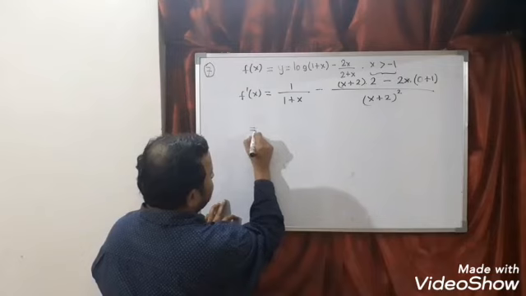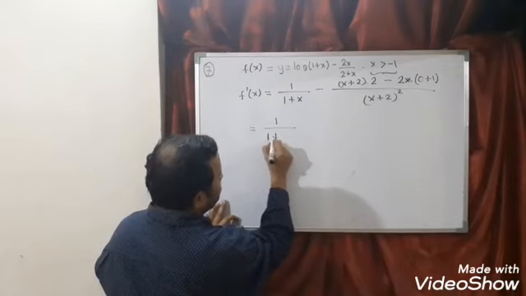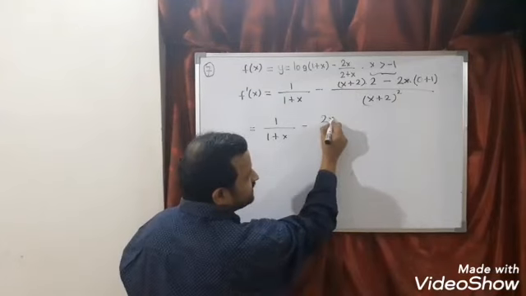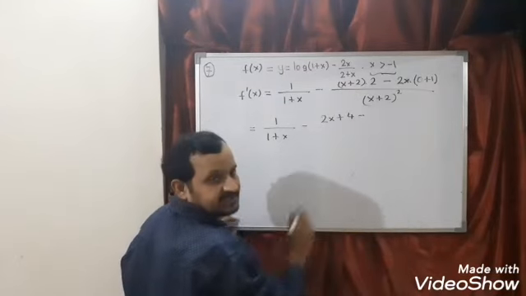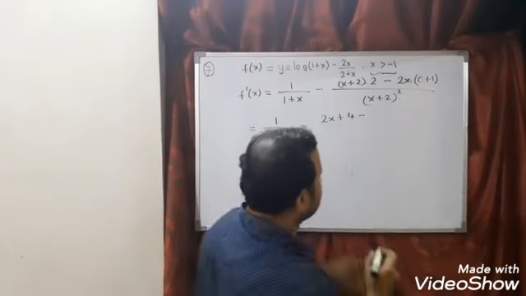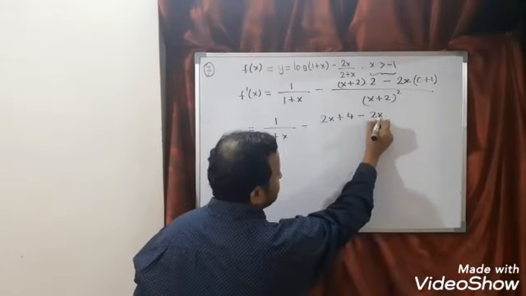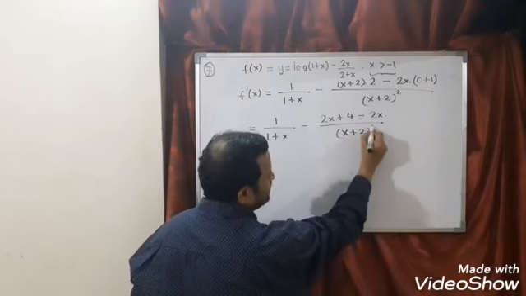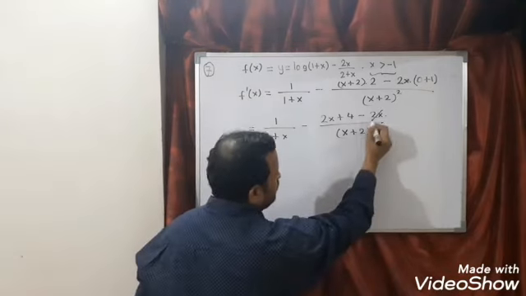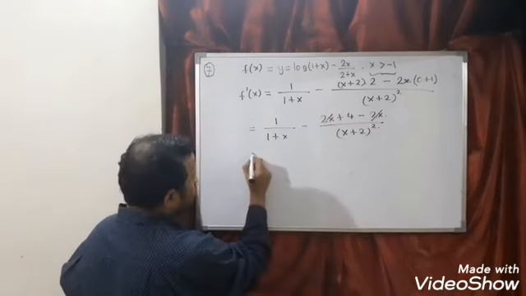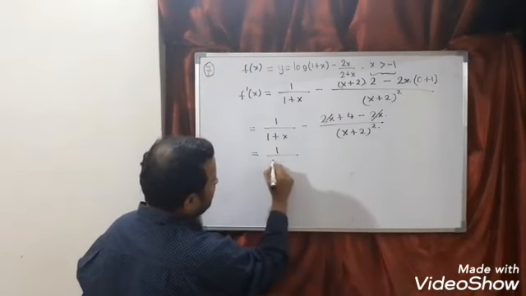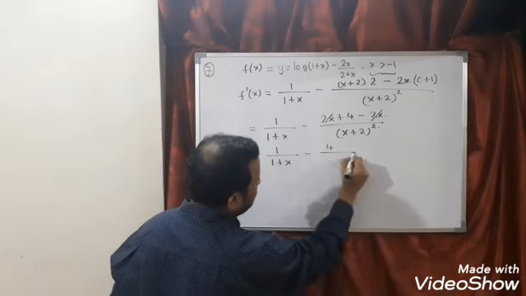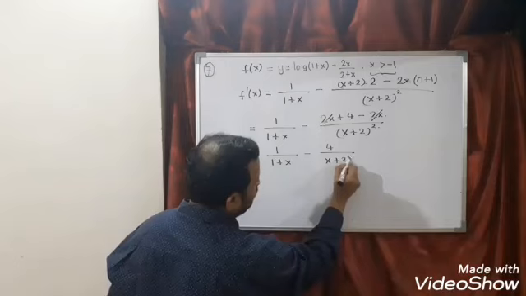So this we can write as 1 by (1 plus x) minus, multiply, so what you will get? (2x plus 4 minus 2x) divided by (x plus 2) whole square. So you can see here 2x cancels. So this is nothing but 1 by (1 plus x) minus 4 divided by (x plus 2) whole square.